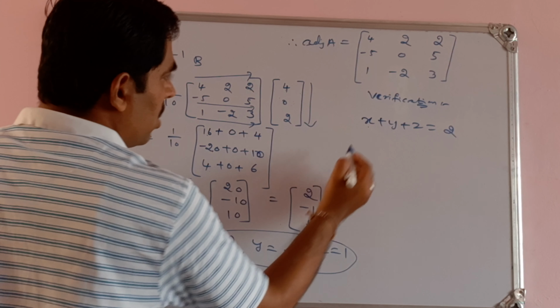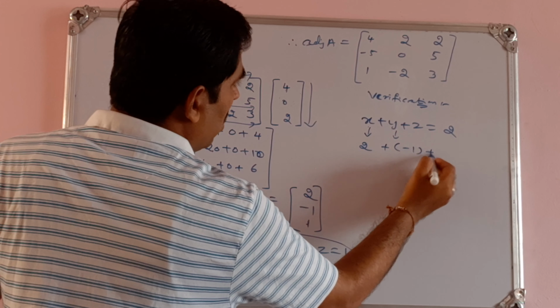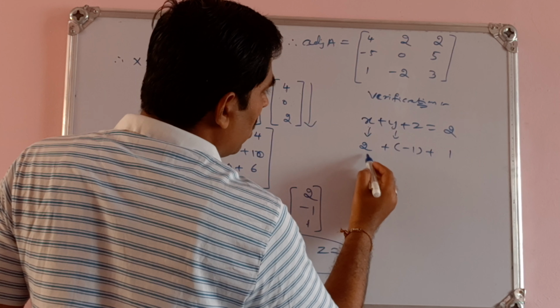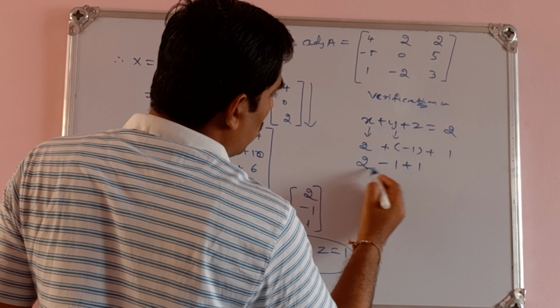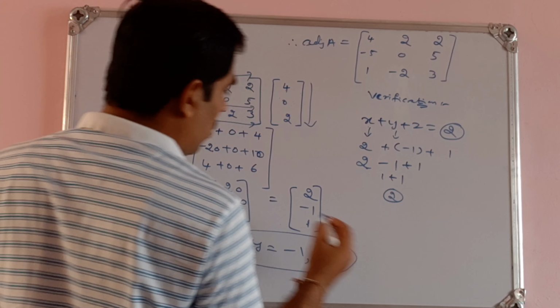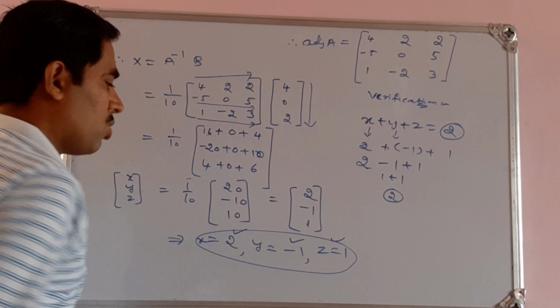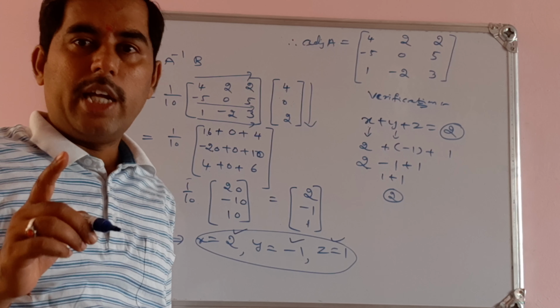Put the values here: x is 2, plus y is minus 1, plus z is 1. So 2 minus 1 is 1, and 1 plus 1 is 2. So these are the values of x, y and z which satisfy our linear equations.